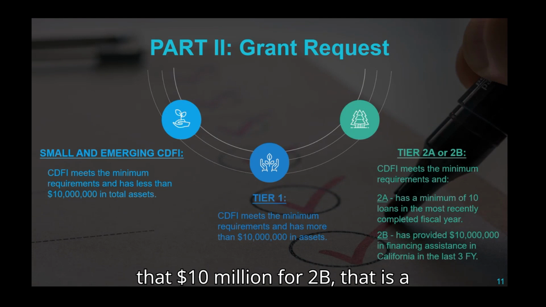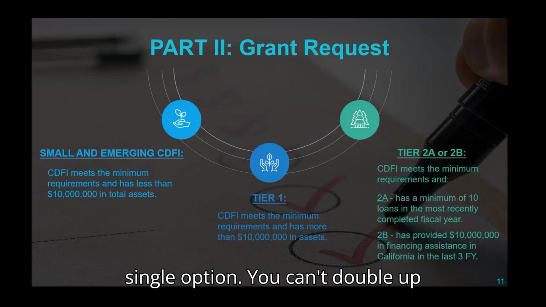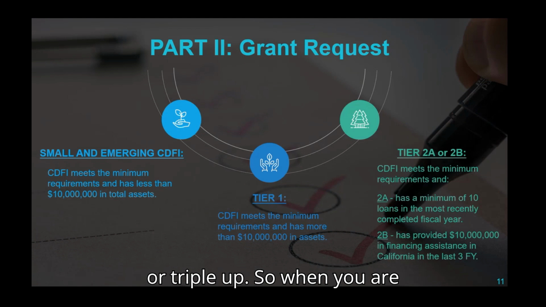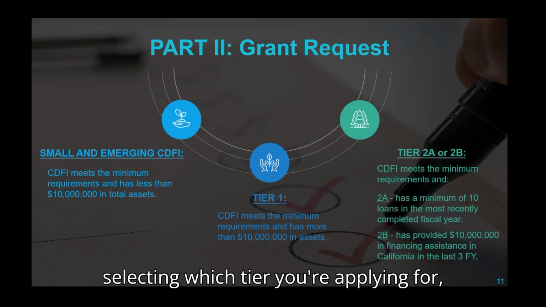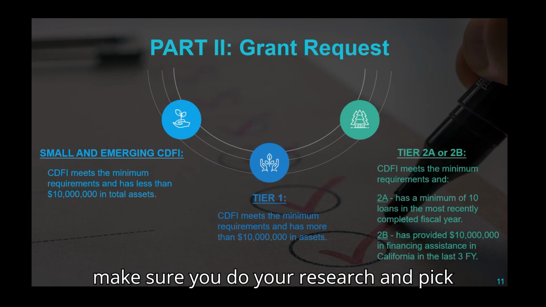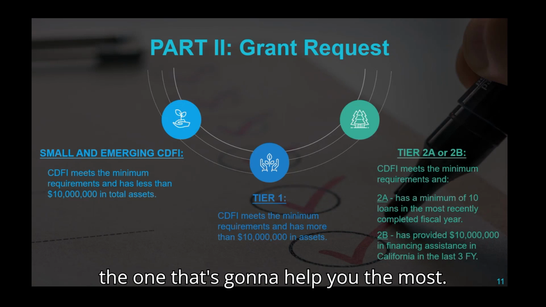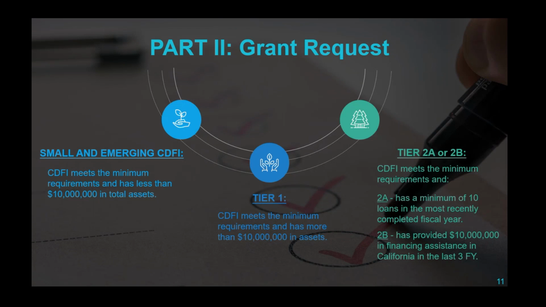And that $10 million for 2B, that is a cumulative total of at least $10 million. And one thing to keep in mind with part 2, you can only be given an award for a single option. You can't double up or triple up. So when you are selecting which tier you're applying for, make sure you do your research and pick the one that's going to help you the most.